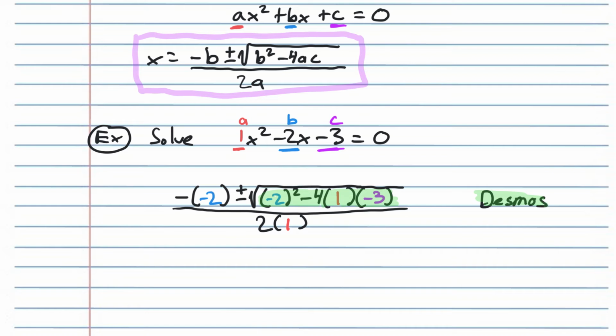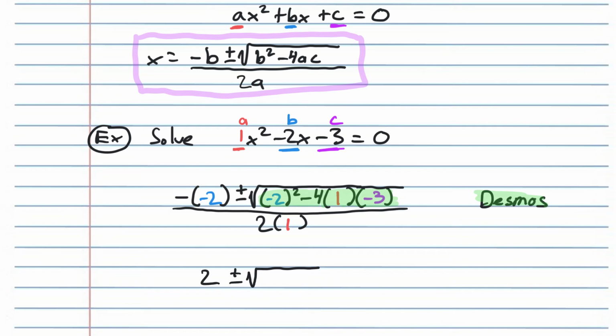Okay, in this example, if you plug that into Desmos correctly, let's go ahead and simplify. The number on the outside, we had a negative 2. Well, that's positive 2. Then plus or minus the square root symbol, and then comes the part that we plugged into Desmos.